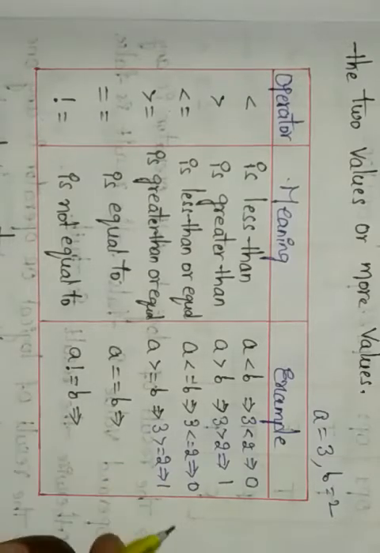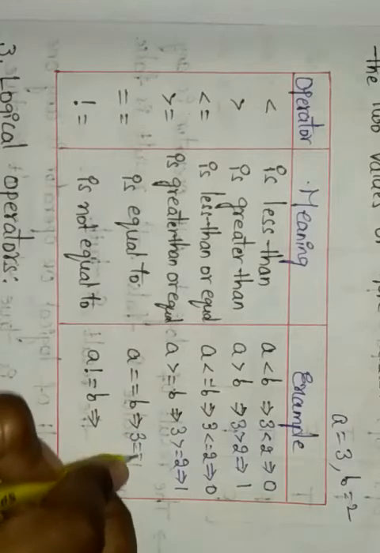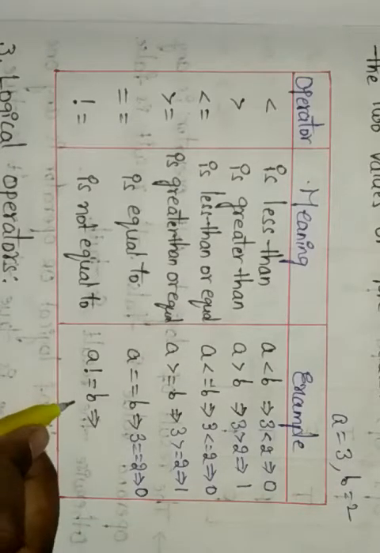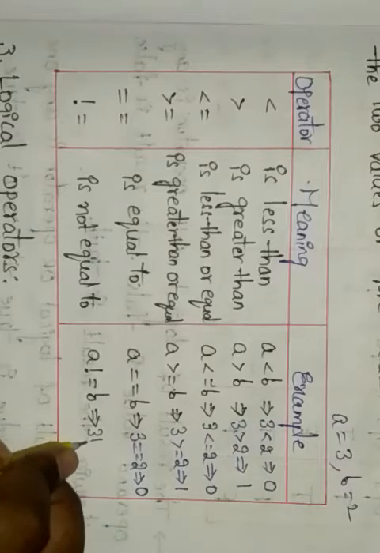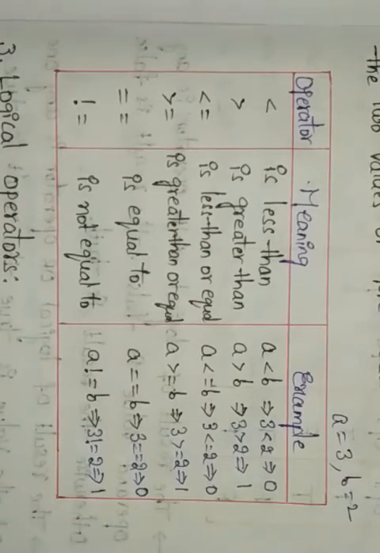Yes, this is true. Next, A equal to B: is 3 equal to 2? No, so it shows 0. And A not equal to B: 3 is not equal to 2, so it shows the value 1.